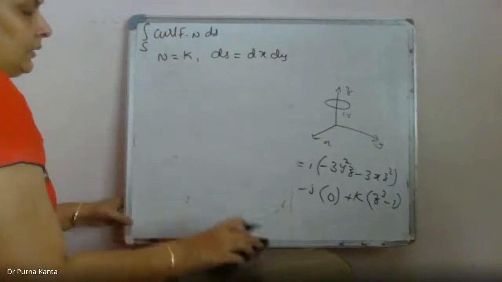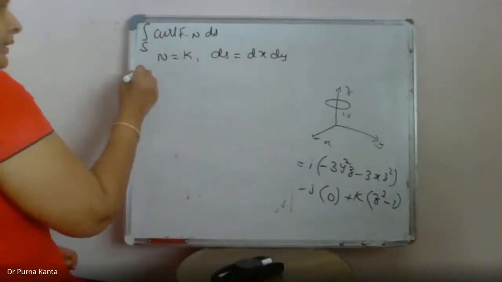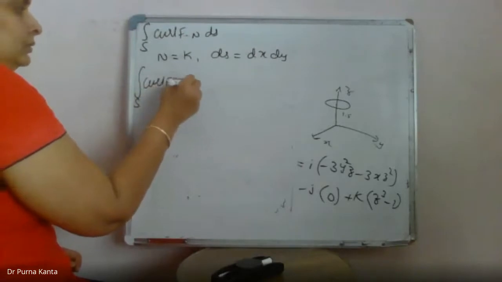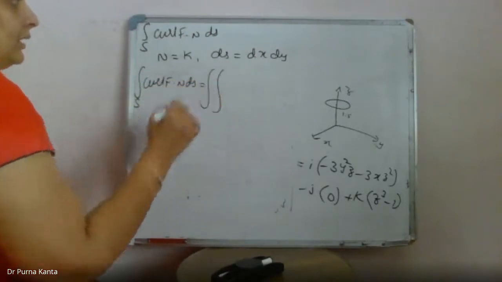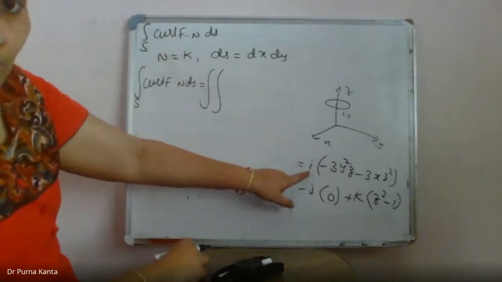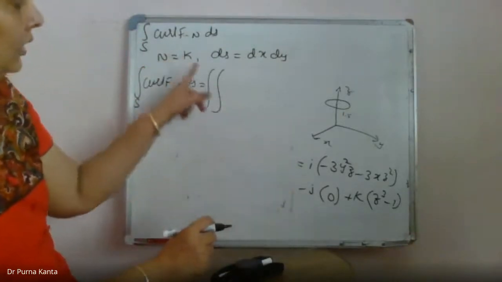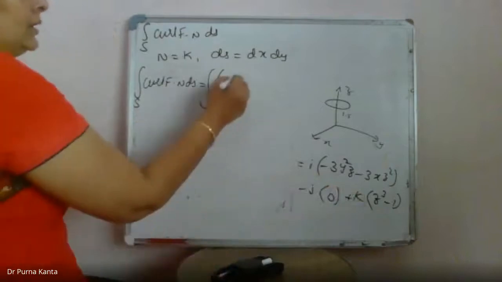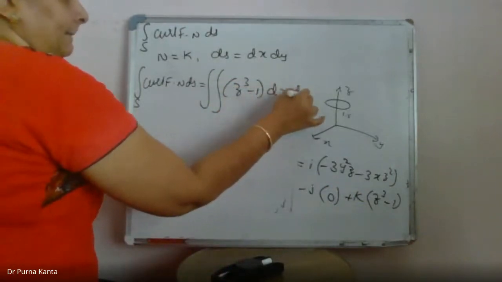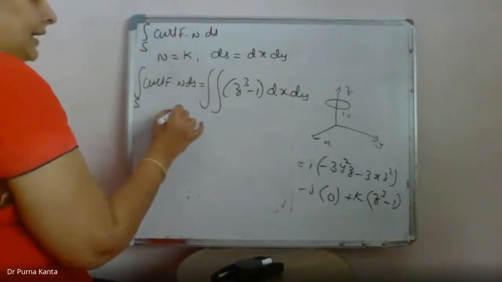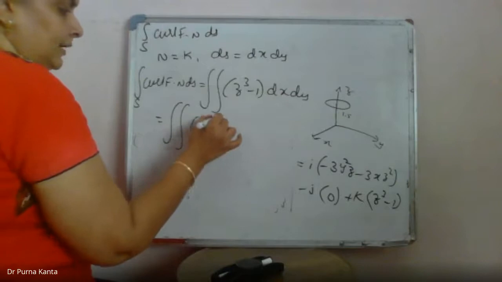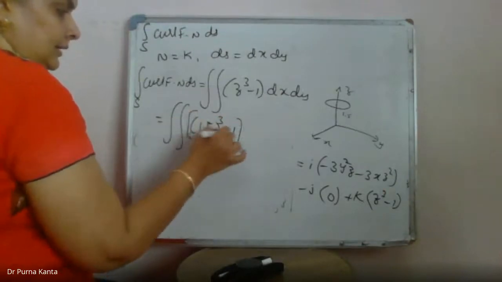So the double integral over S of curl F dot n dS is equal to the double integral of, I'll directly take the dot product here. K dot i is equal to 0. j is already 0. K dot k is equal to 1. So we got z cubed minus 1, dx dy. The value of z is given as 1.5, so 1.5 cubed minus 1, dx dy.